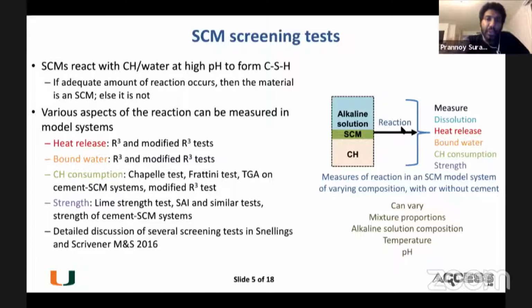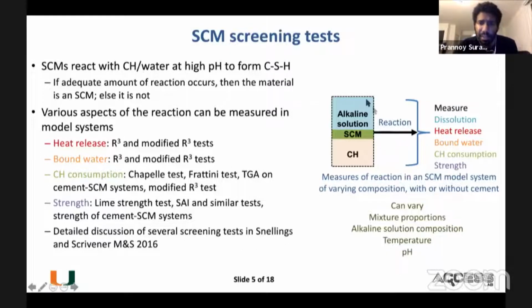The reaction consumes calcium hydroxide, and when the hydrate products are formed, they bind some water together. And as this forms a solid structure, you can get strength. So all of these are things that can be measured, and they are indicators of extent of reaction of SCMs. So all of these can technically be used to screen for SCM reactivity or to screen SCMs from inert materials.